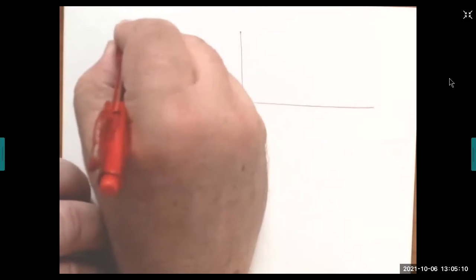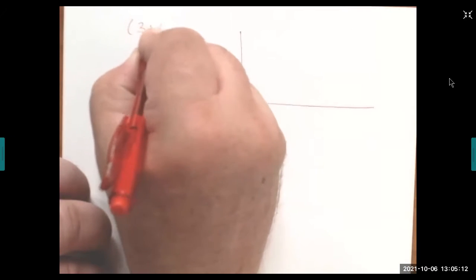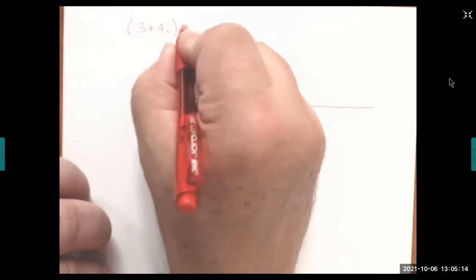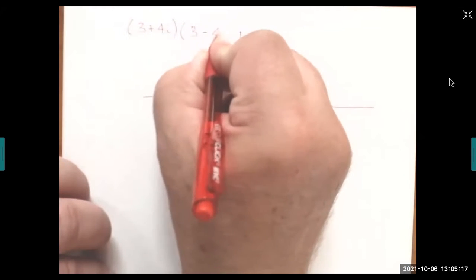All right, the first one, 3 plus 4i, 3 minus 4i.